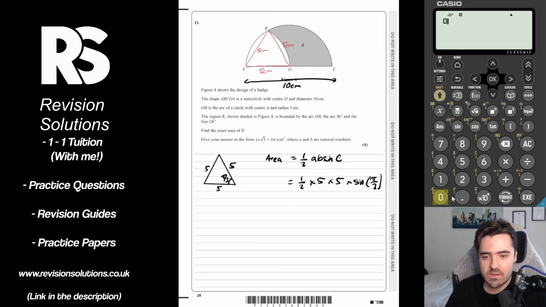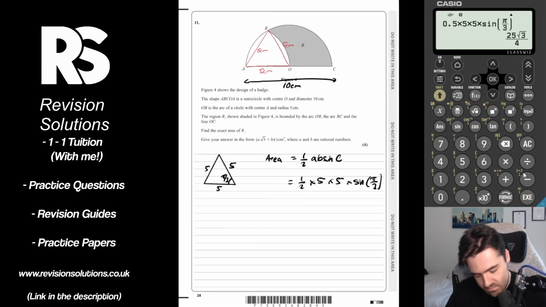If we plug that in the calculator quickly, 0.5 times 5 times 5 times sine of pi on 3. Just check we're in radians. Yes, we are. That's 25 root 3 over 4, or 25 over 4 root 3, same thing.